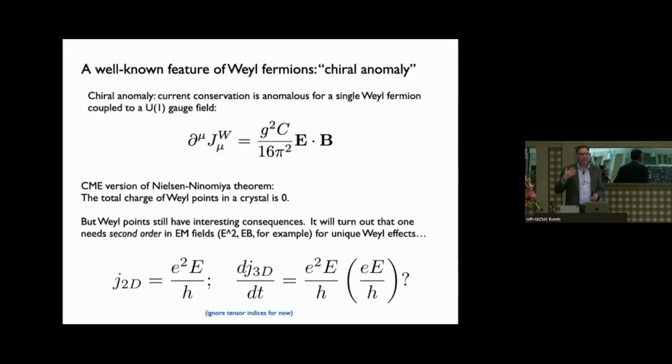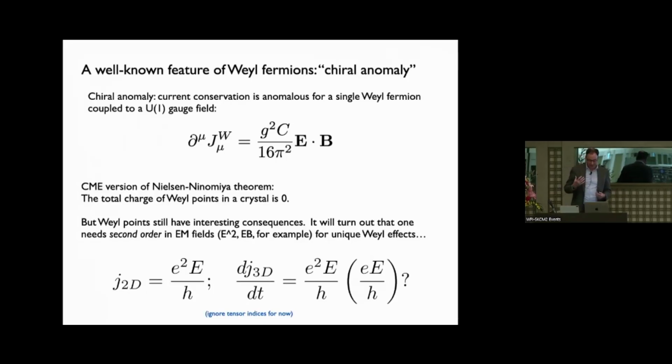What if you wanted to only use fundamental constants and get an effect that involved 2 powers of electric field? Well, by counting, you'd have to add another charge and another Planck constant, and it turns out that gives you one more inverse time and one inverse length. The inverse length makes it a 3-dimensional current density, and now there has to be a 1/time. But the rate at which current changes in time, if you work on photocurrents, this is known as current injection.